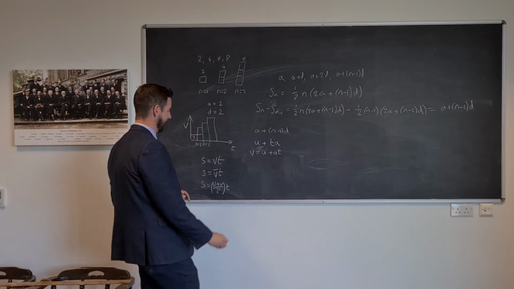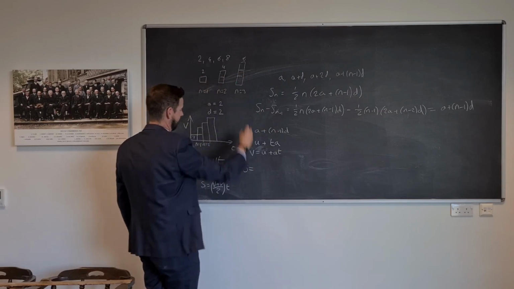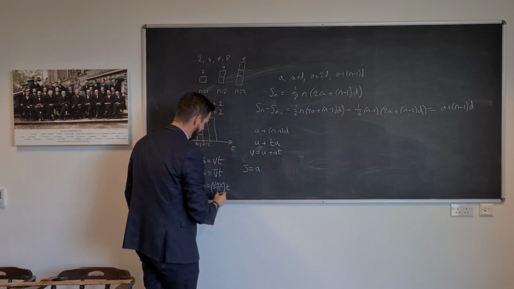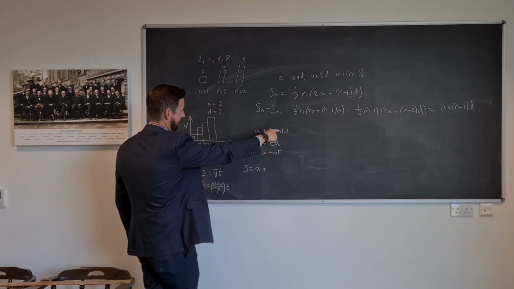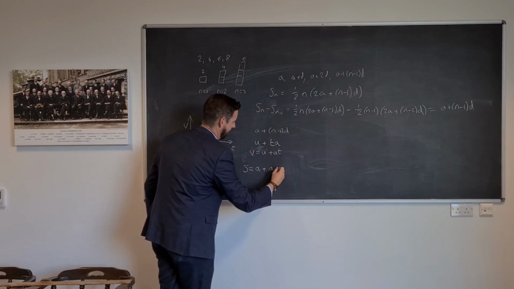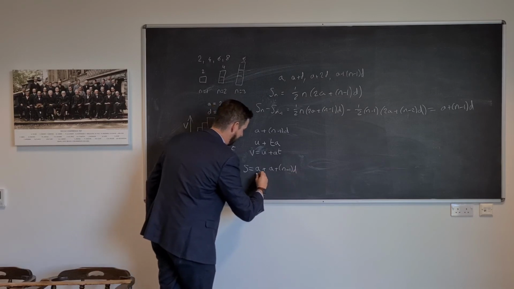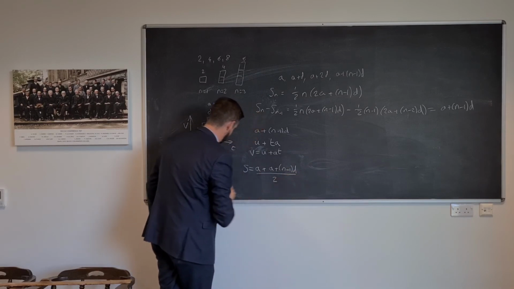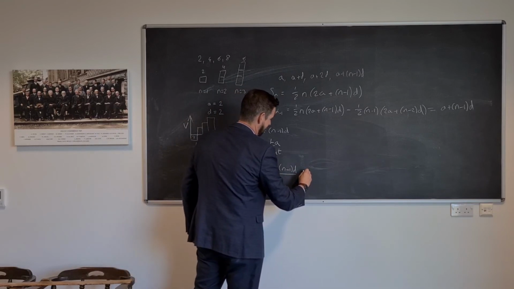u, for example, is the first term of our arithmetic series, so we would call that a, and we're going to add it on to what we've decided v is in this notation. v is equal to a plus n minus 1 d. We're going to divide it all by 2 and times it by the t term, which in this case is going to be n minus 1.